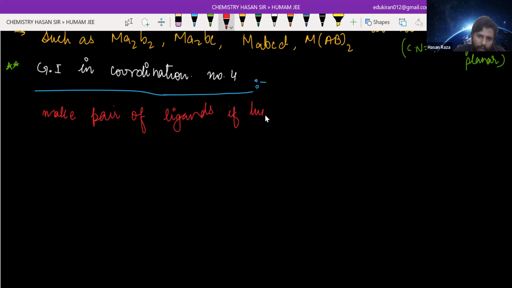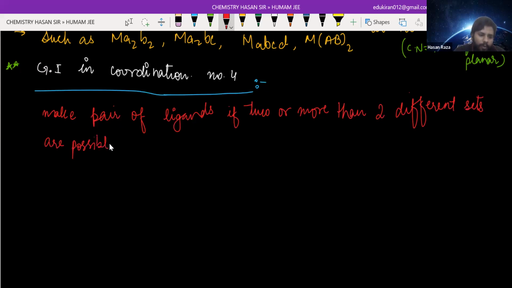If two or more than two different sets are possible, then it will show GI. I will explain with the help of an example. First write it, then I will show you.